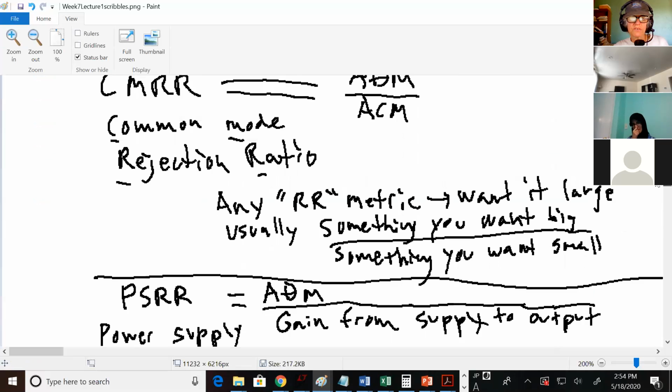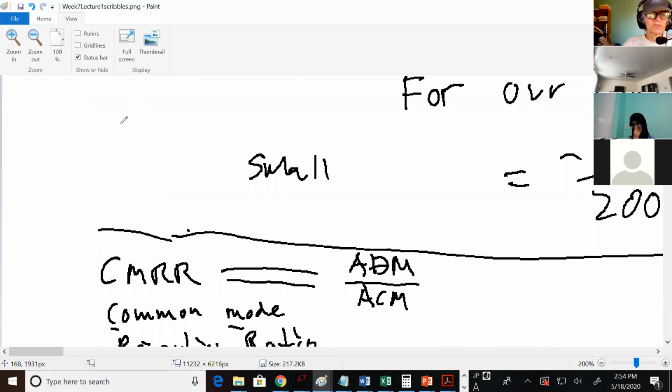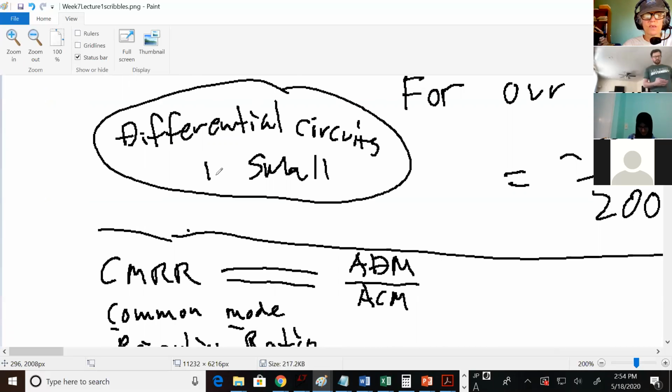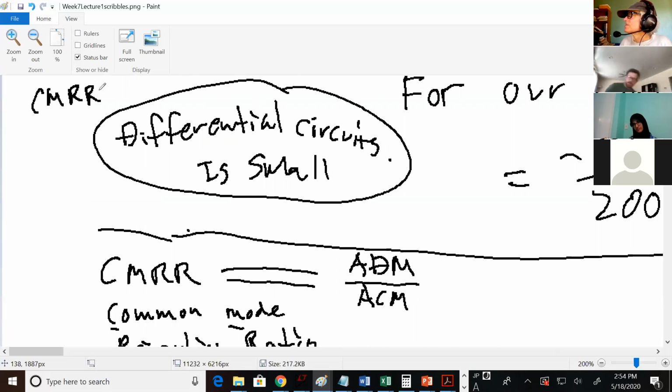So let me write that down too. That was small, and it's for differential circuits. So common mode rejection ratio is only for differential circuits. This power supply rejection ratio can be used with differential or with single-ended input, single-ended output circuits. And let's use a single-ended input, single-ended output circuit just as an example.